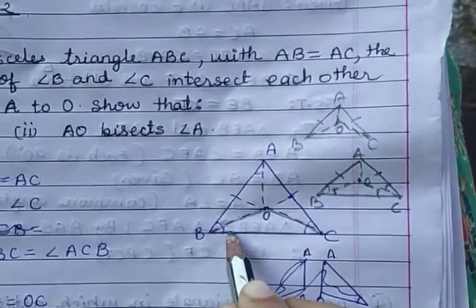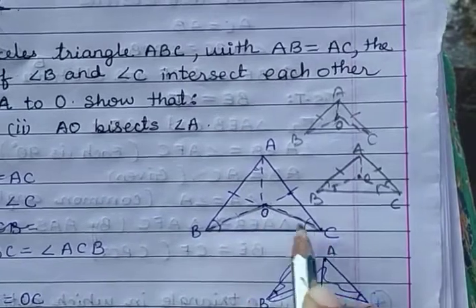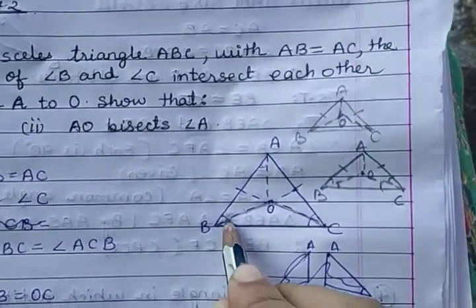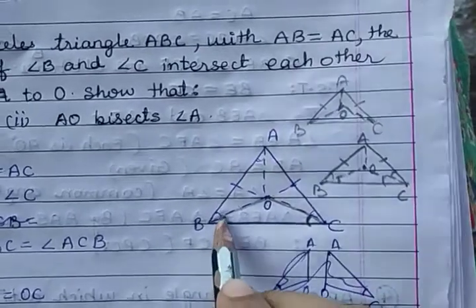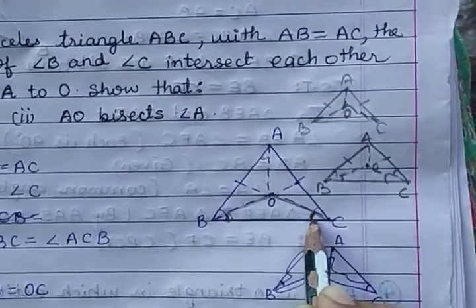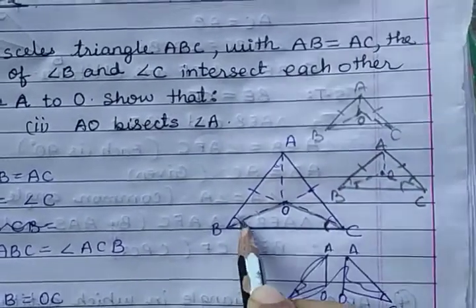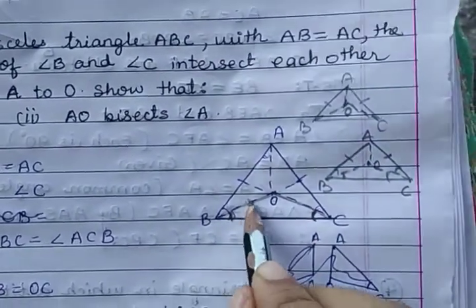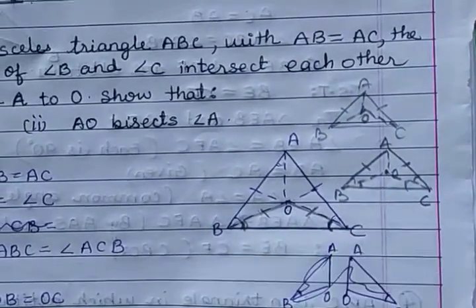Now we know that in this triangle, since OB and OC are angle bisectors, this angle will be equal to this angle. Now from the theorem we know, if these angles are equal, then sides opposite to those angles will also be equal. So OB will be equal to OC.